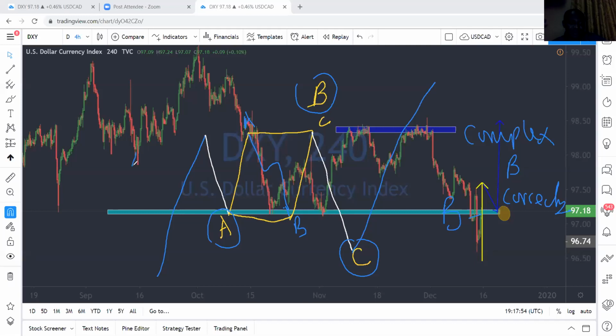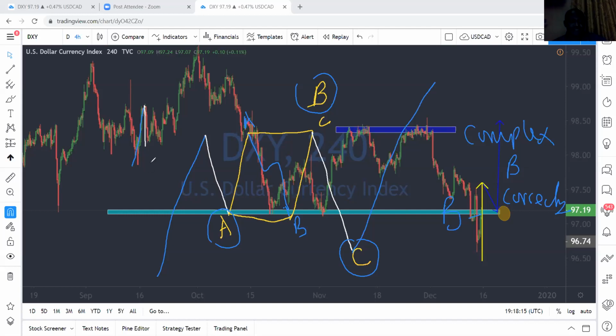You have this movement up. All right. You have impulse up in blue. Then in white, you have another impulse down. Okay? After that, what do you have?